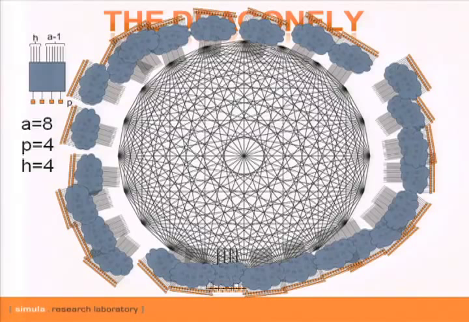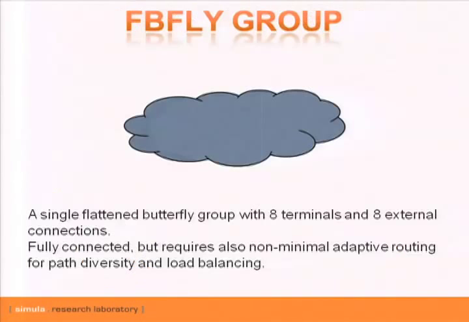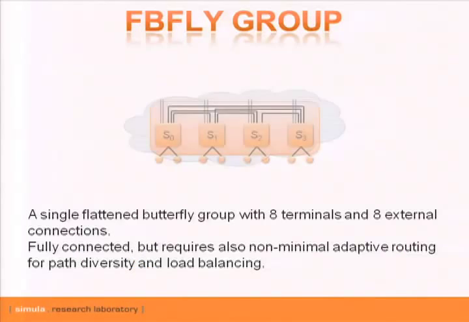Now let's talk a bit about the topology inside the groups. The designers of the Dragonfly recommend a flattened butterfly, and here we have illustrated a one-dimensional flattened butterfly. That consists of 8 terminals as well as 8 external connections.